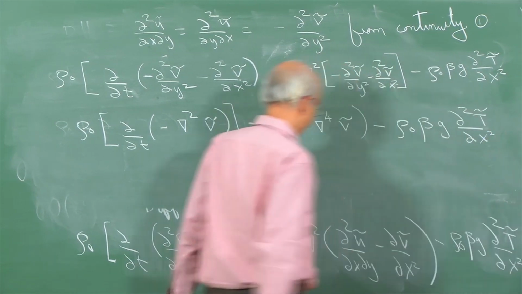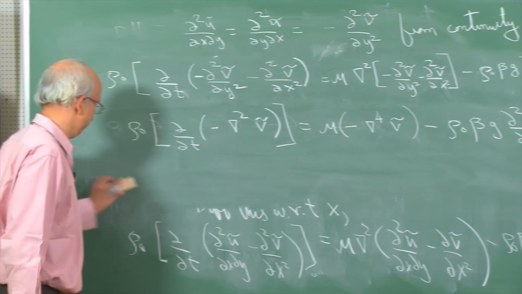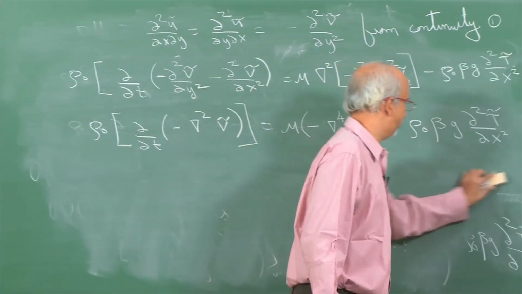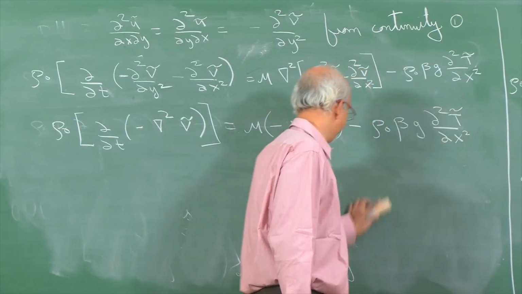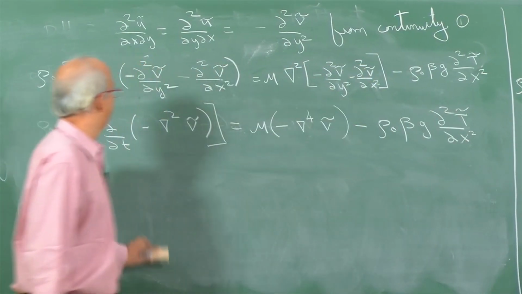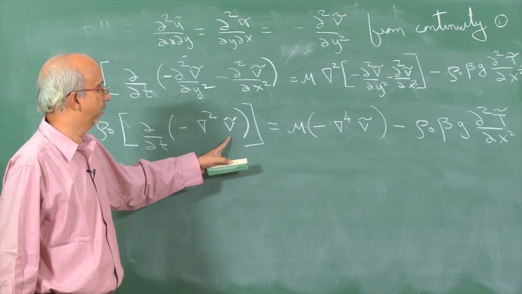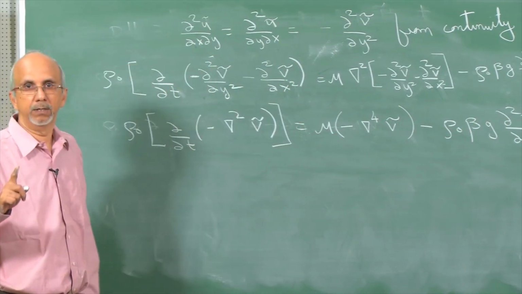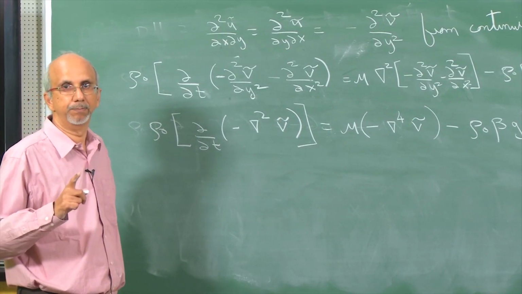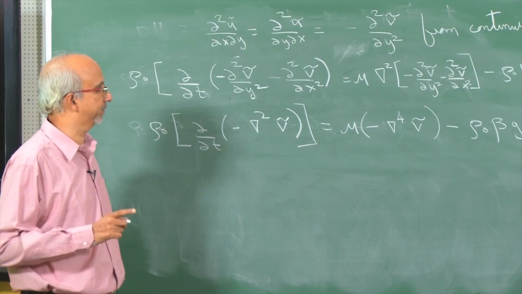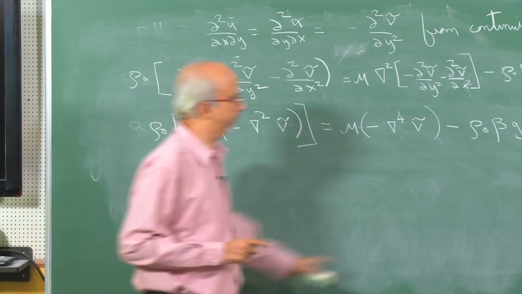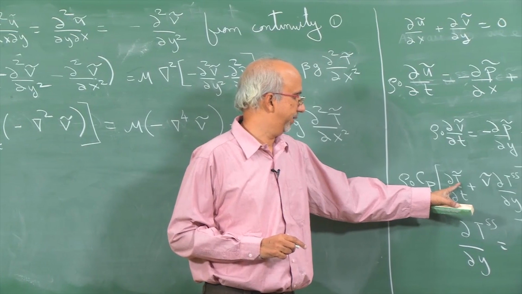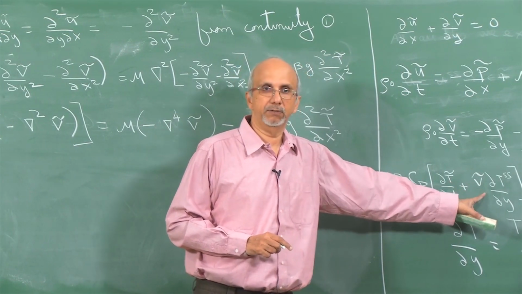So, we have this equation here which basically relates the perturbation in V to the perturbation in T. I have eliminated U and pressure, okay, the perturbations in the U and pressure. And if you recall the fourth equation, this also relates the perturbation in temperature to the perturbation in the velocity.